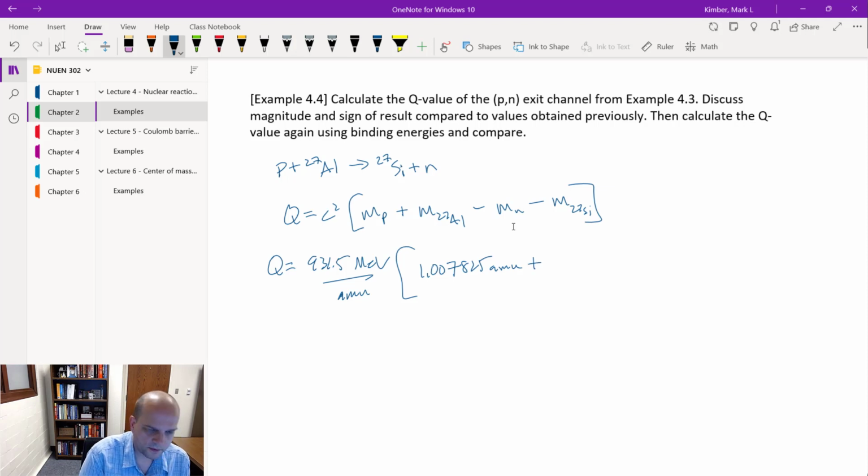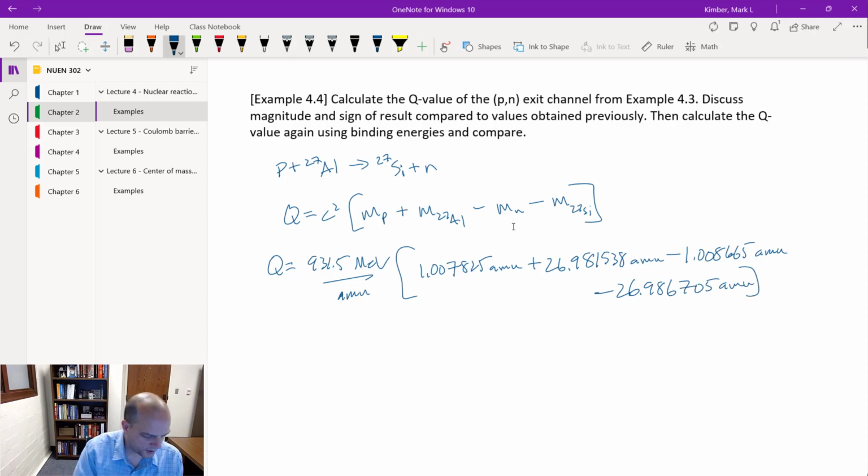We looked all these up before, so I'm just going to write them down. 29.81538. And then the mass of the neutron, 1.008665. And minus 26.986705. And my Q value here, if I do the math, becomes negative 5.60 MeV.